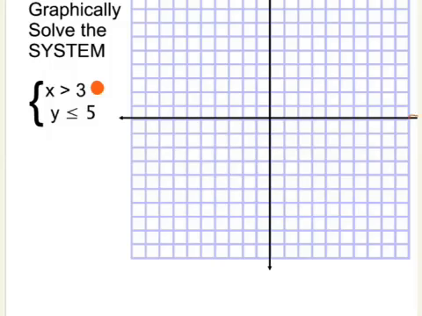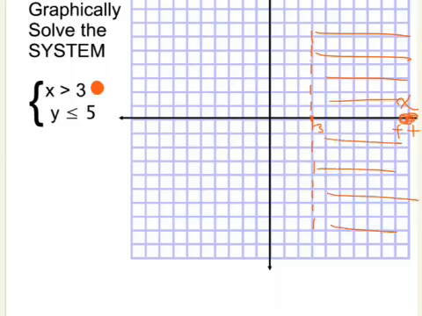The x numbers are really big over here, because this is the x-axis. Well, here's 3 right here. That's 3 on the x-axis. So I'm going to draw a dotted line, and it's dotted because it doesn't have an equal sign. And then I'm going to shade to the right because this is where x is bigger than 3.